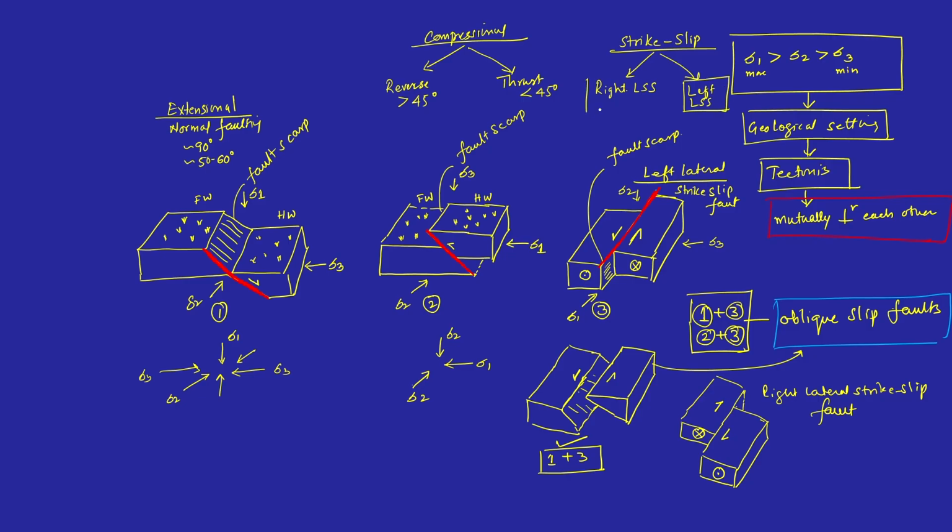And then we have also discussed that we can have the combination of 1 and 3 and 2 and 3, which we will term an oblique slip fault. So, I hope this is clear to you, and then we will move ahead with the compressional tectonic environment, and we will see what the landforms are and how we can study the trenches across this one.